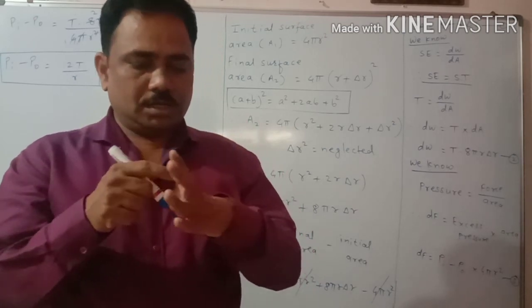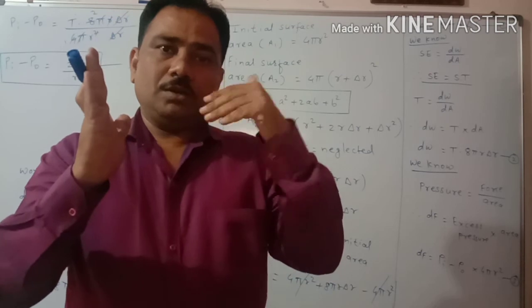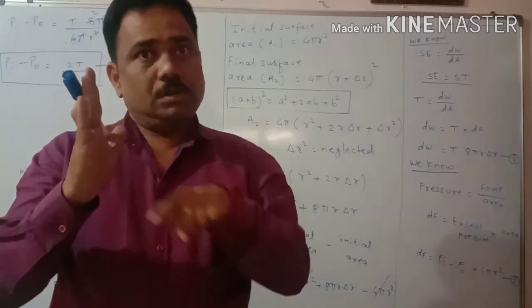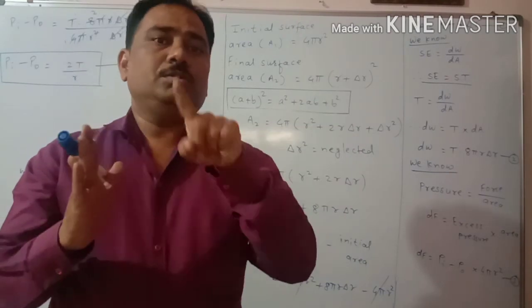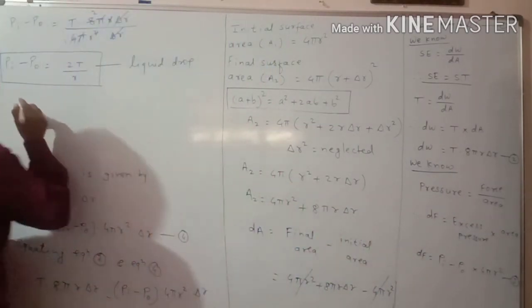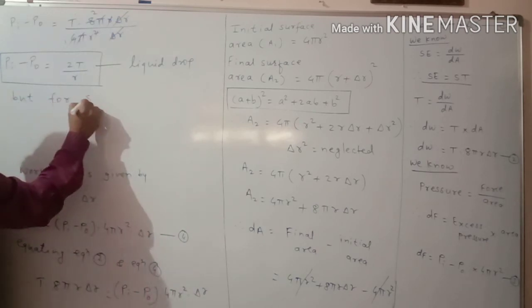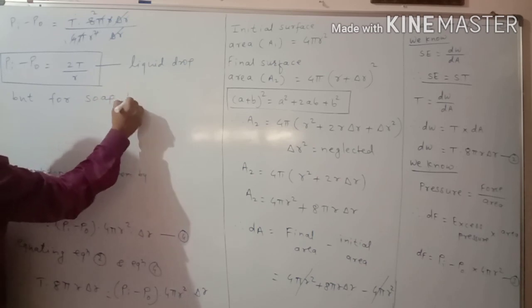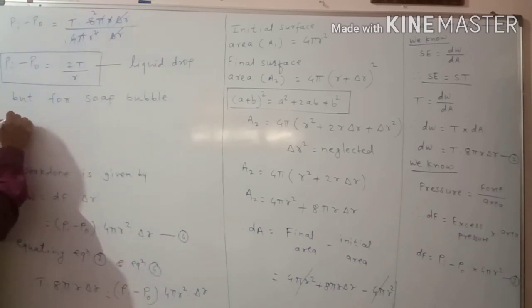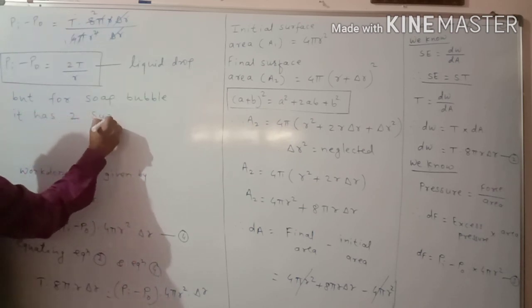When producing a soap film, there are two surfaces, and in case of a bubble there are also two surfaces.